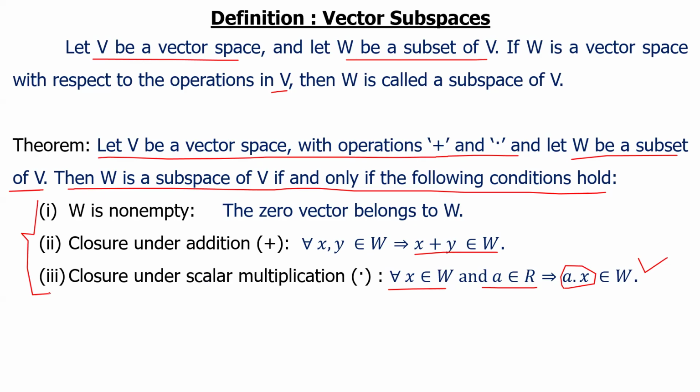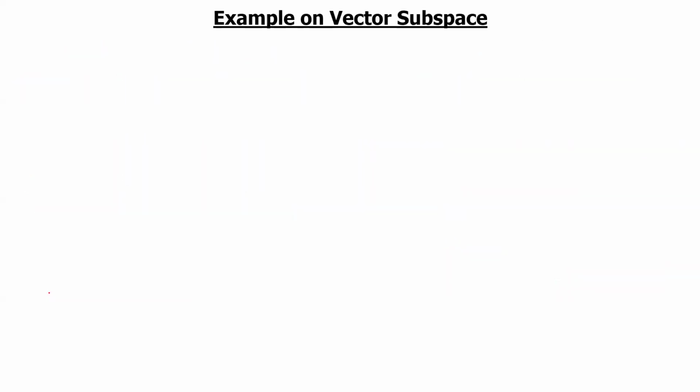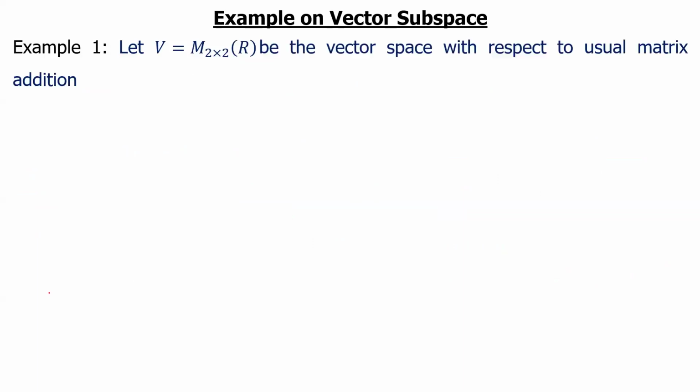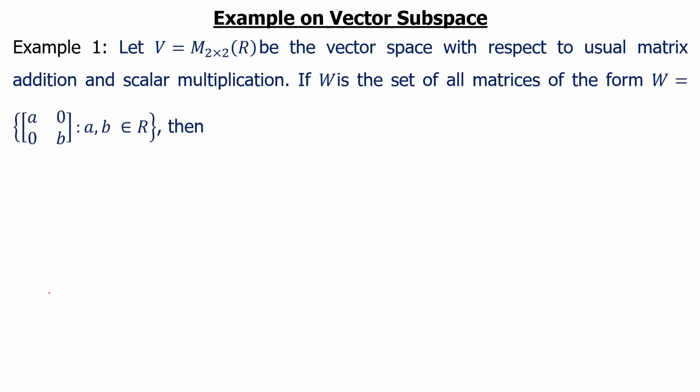Let us take one example. Let V be the set M of 2 by 2 matrices of real numbers, a vector space with respect to the usual matrix addition and scalar multiplication. We have already seen this example.